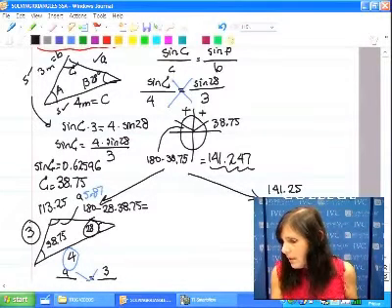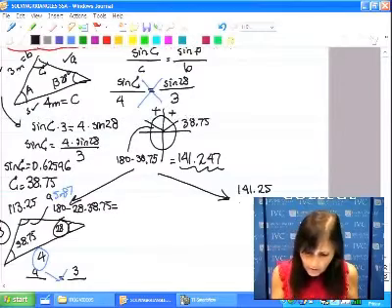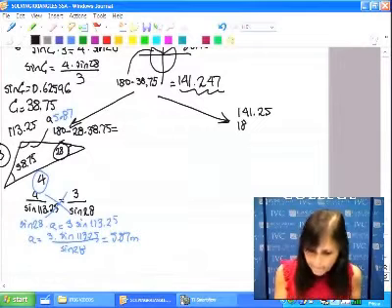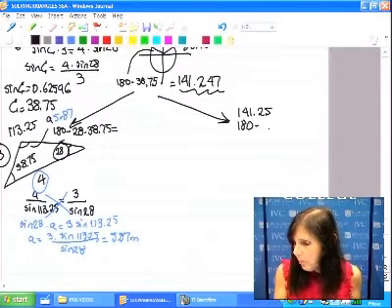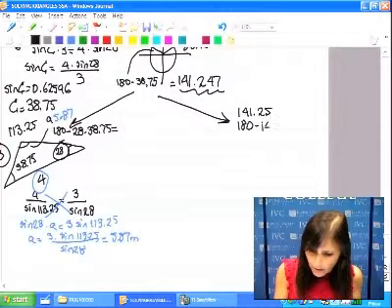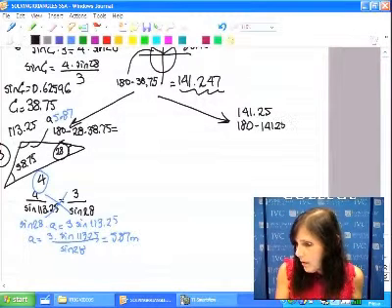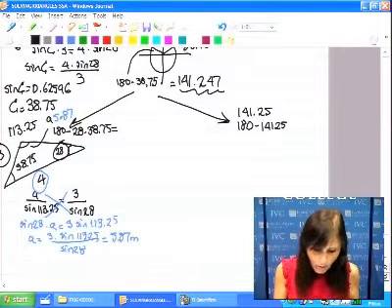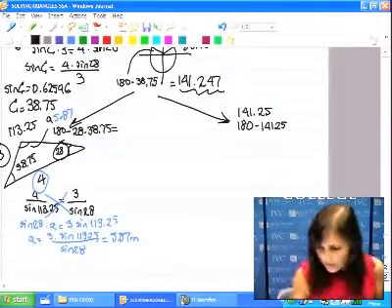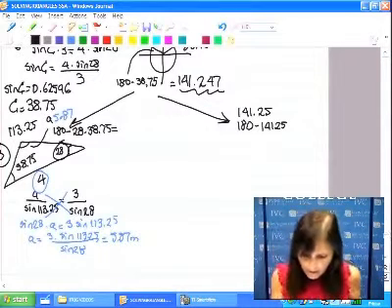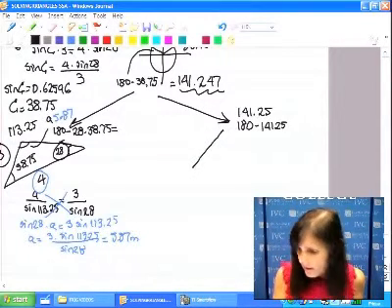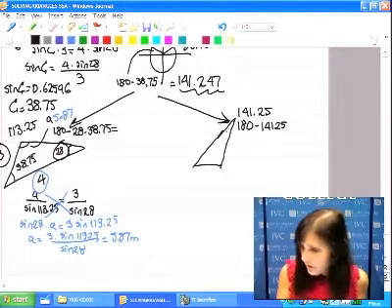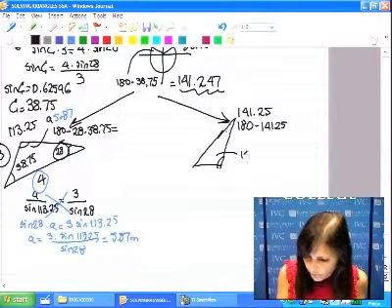That is going to be 180 degrees minus 141.2, and that is about, let's see, let's try to draw that thing. Let's draw it like that. So this is 141.2.